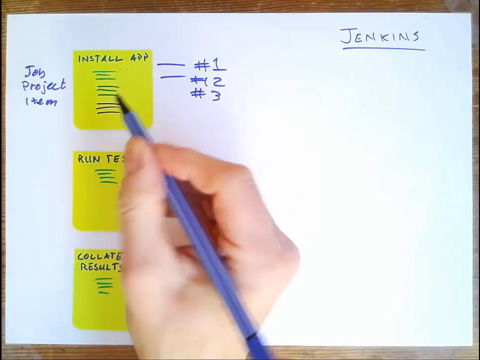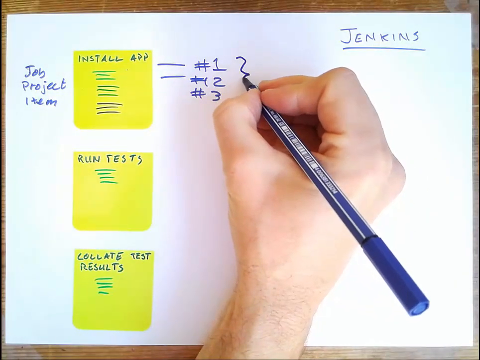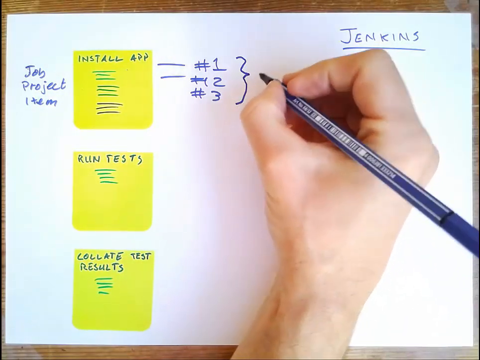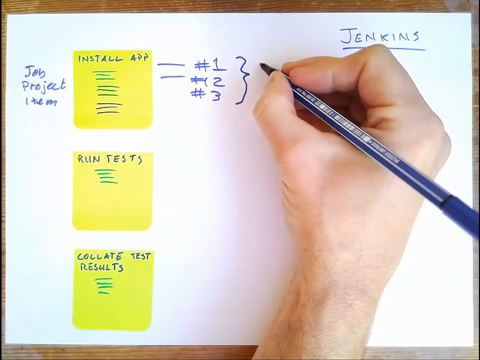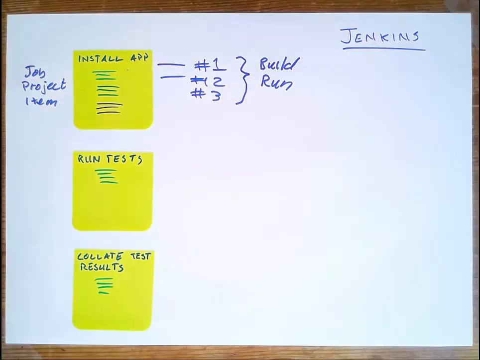And then each time we run that job, we have a number of builds, or from a test perspective, when we're running automated test jobs, I like to sometimes think of this also as a test run. Now that we've grasped those concepts, let's start building our first job.